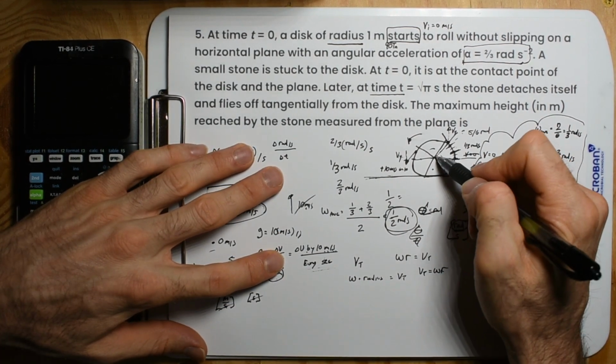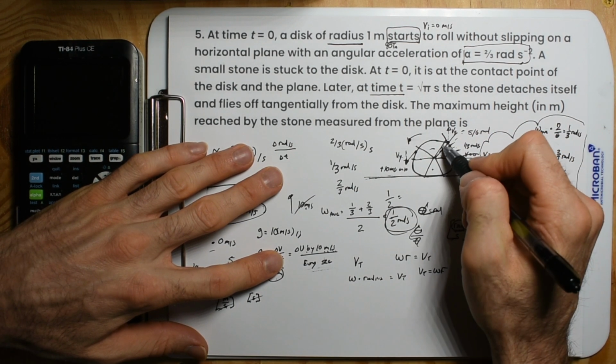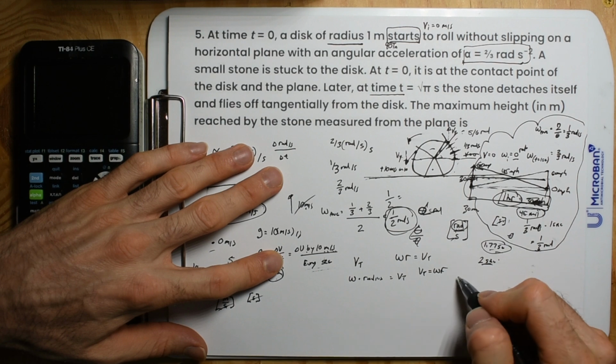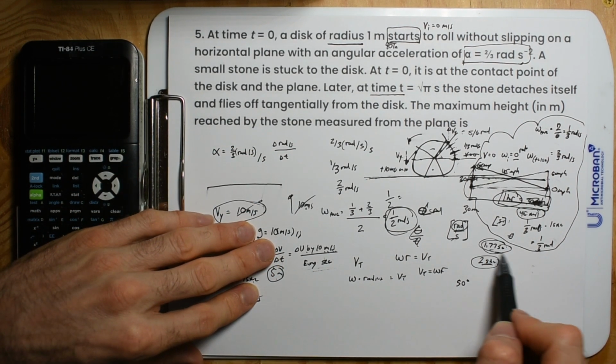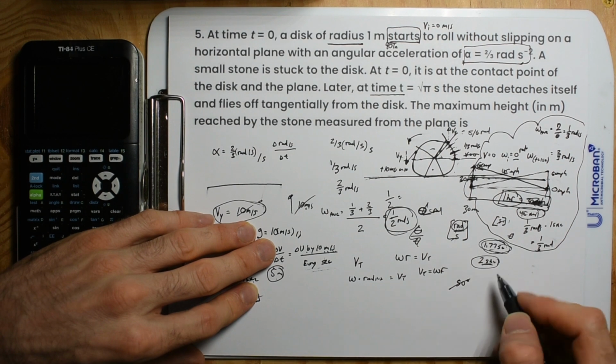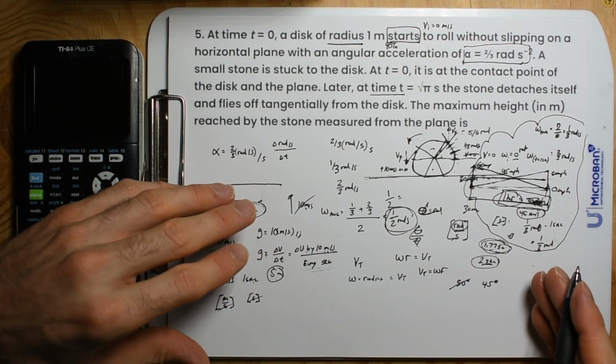So heck yeah, we're already at an angle, and let's just guess, you know what I mean, if this is 60 degrees, we're at an angle of 50 degrees. And we went for 2 seconds. They only want to go for 1.7. So, you know what I mean? Even like right now, we could just guess that we're at an angle of 45. That's a fairly safe guess.